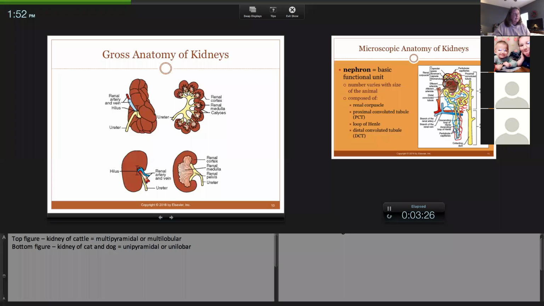So again, same parts, still has a hilus, artery and a vein, cortex, medulla, calyce, pelvis, ureter, just a different design. And this bottom figure is the dog and the cat. So instead of having this separated medulla, you've got this medulla, and then it connects to a pelvis and a ureter. So this is what's called the gross kidney anatomy.